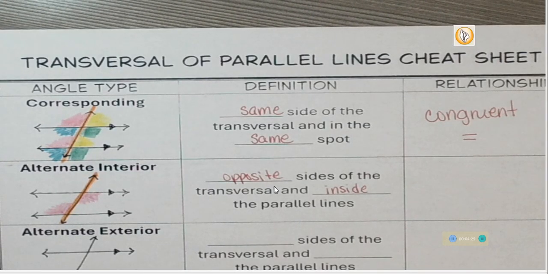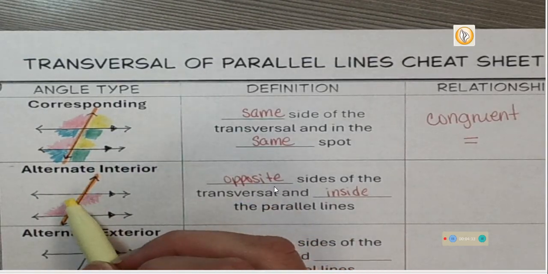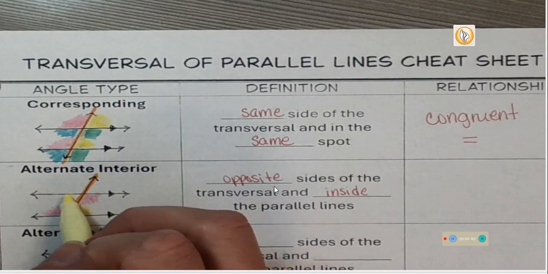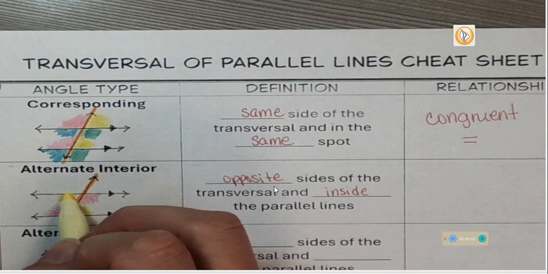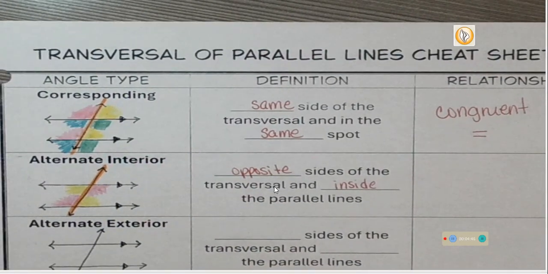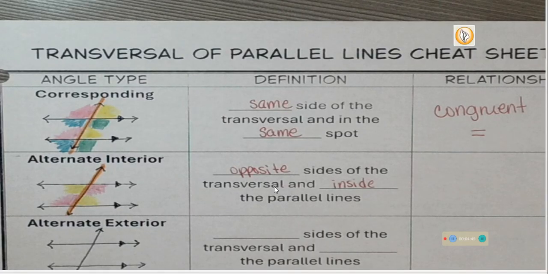Then there's actually a second set of alternate interior. There's only four interior angles. So if I have this angle, it is alternate interior to this one. What I'm trying to do with all my colors is to show you the different pairs of alternate interior.